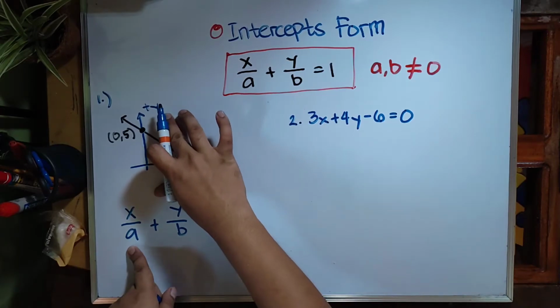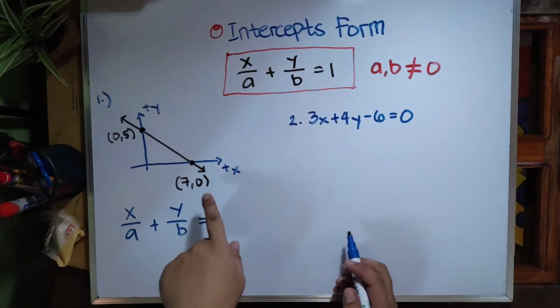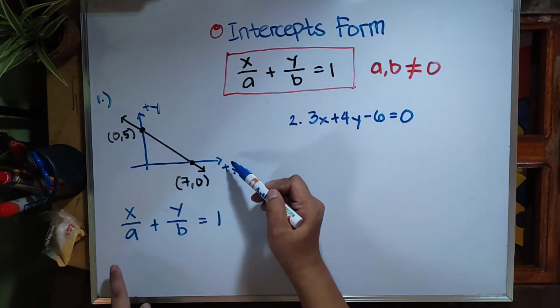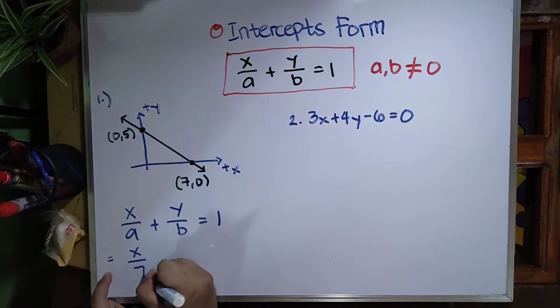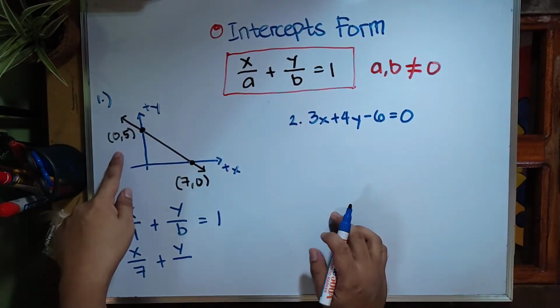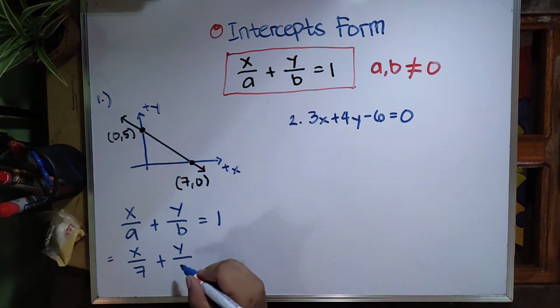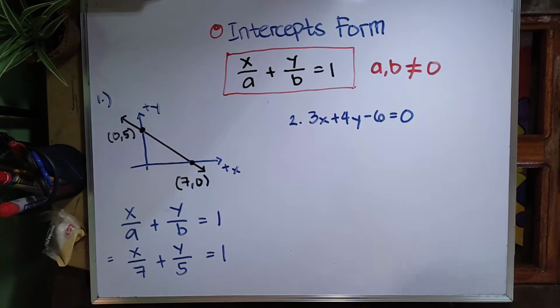And of course, the y-intercept is the point where it touches the y-axis. So x over 7 plus y over, what is the y-intercept? 5. 5 equals 1.